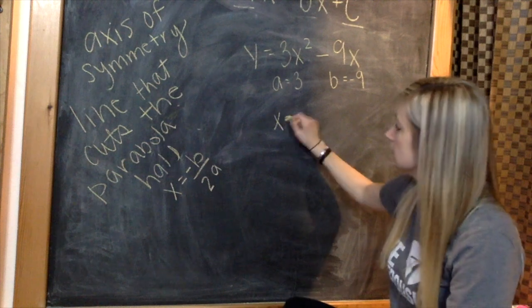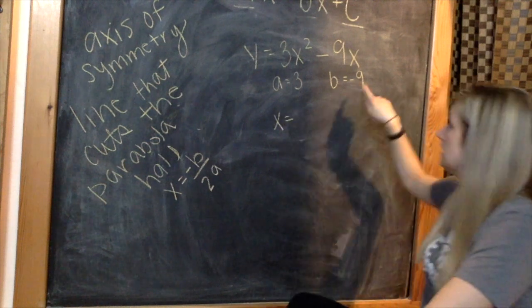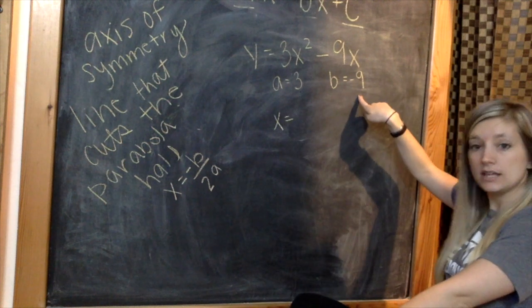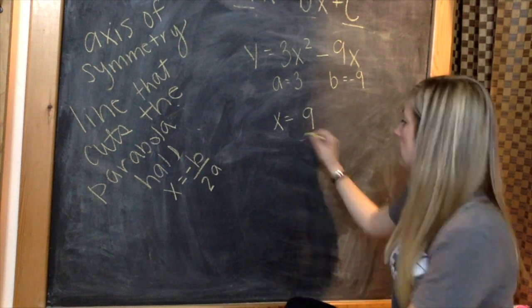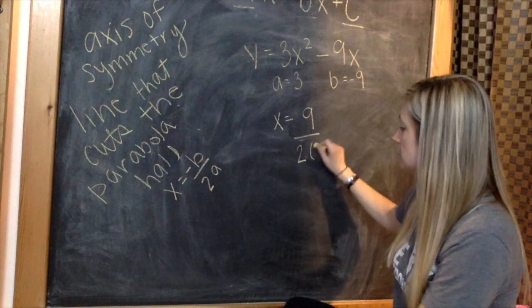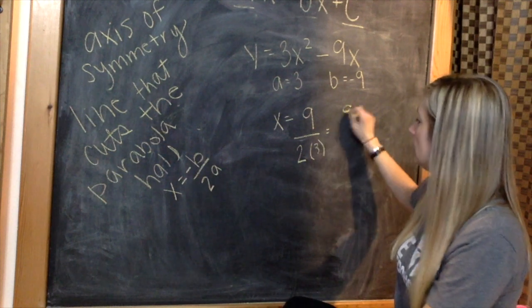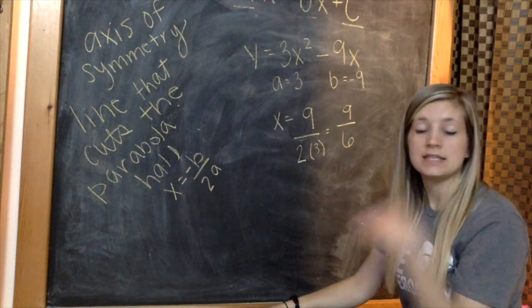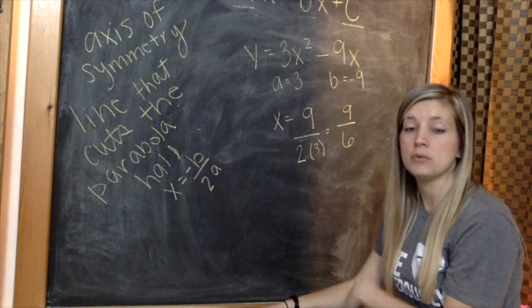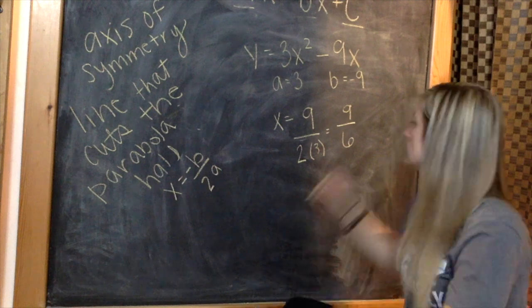So X equals opposite B, so my B is a negative 9, so what's opposite of a negative 9? 9, divided by 2 times 3. So we have 9 divided by 6. It's not a perfect whole, but we do need to go ahead and reduce that fraction.